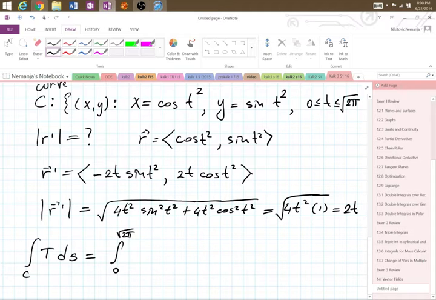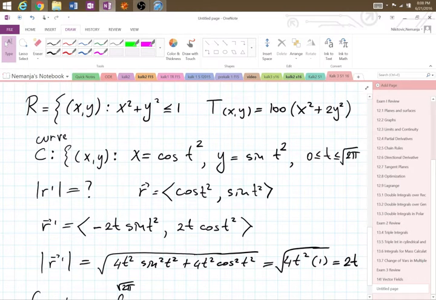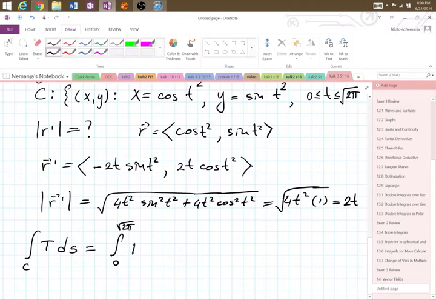And we take our function T, but function T has to be parametrized in terms of the parameter t. So the function is 100 times x squared, but x is given as cosine t squared, so that's cosine squared t squared.